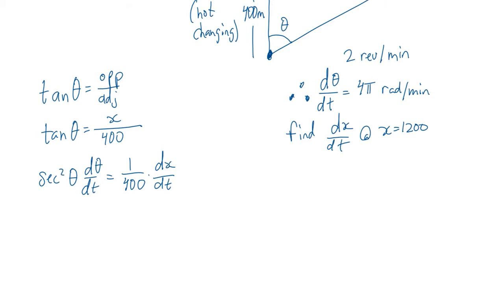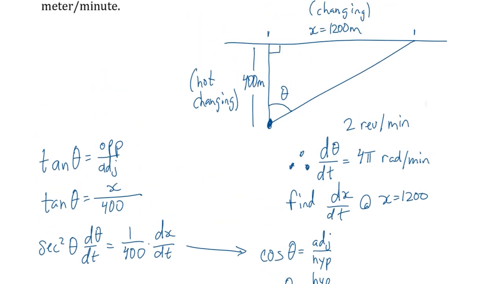So secant is the reciprocal of cosine, and now I'm coming off to the side over here. Cosine of theta is adjacent over hypotenuse. That means secant of theta is hypotenuse over adjacent. Well, do we have adjacent to theta? We sure do. It's 400. Do we have the hypotenuse?